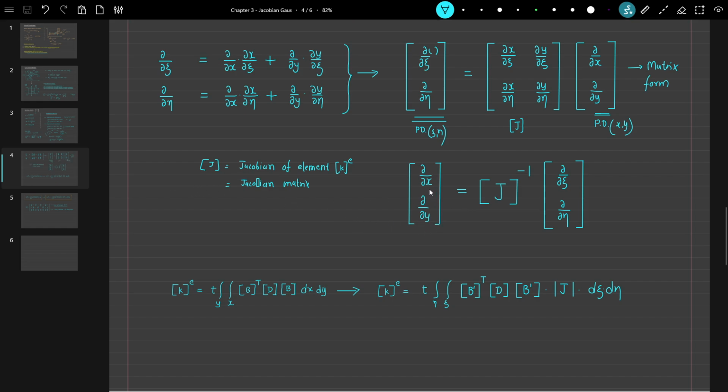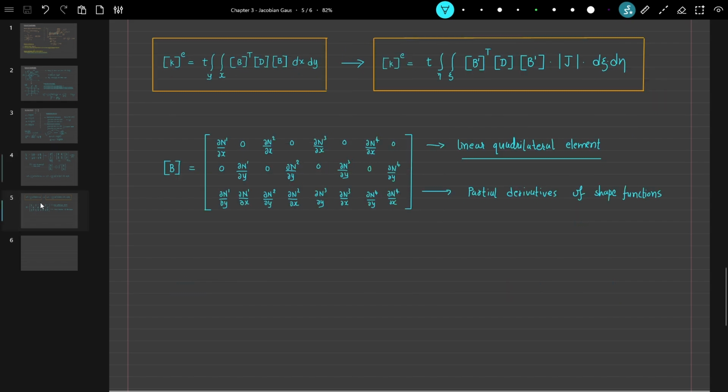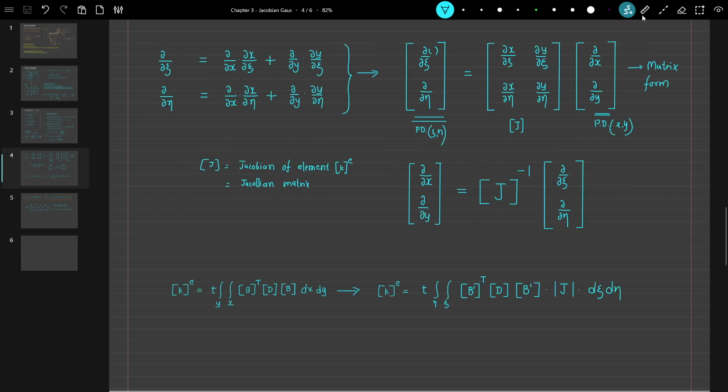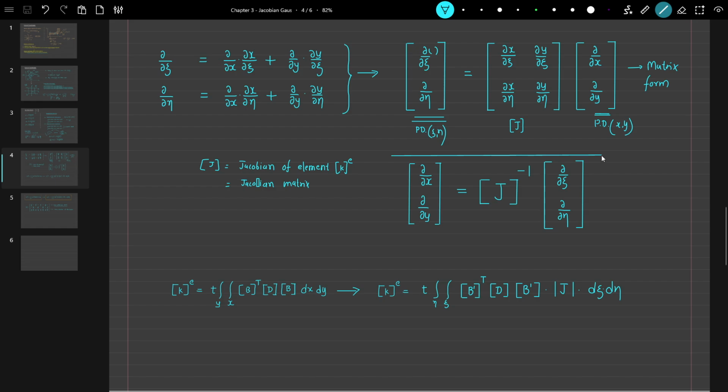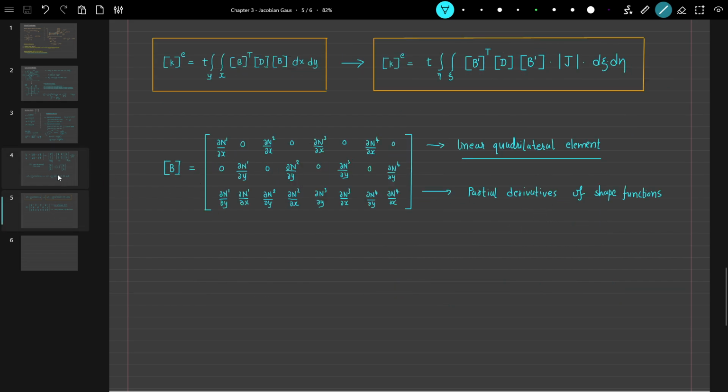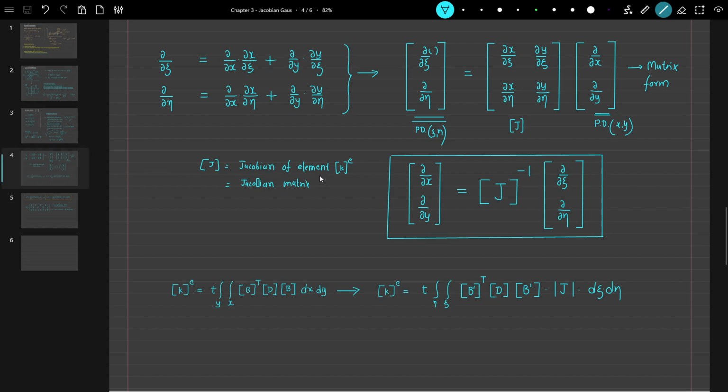Now the B matrix, which has ∂/∂x and ∂/∂y, using this relationship, we can simply transform the B matrix into ∂/∂ζ and ∂/∂η. So that is what the Jacobian matrix significance is.